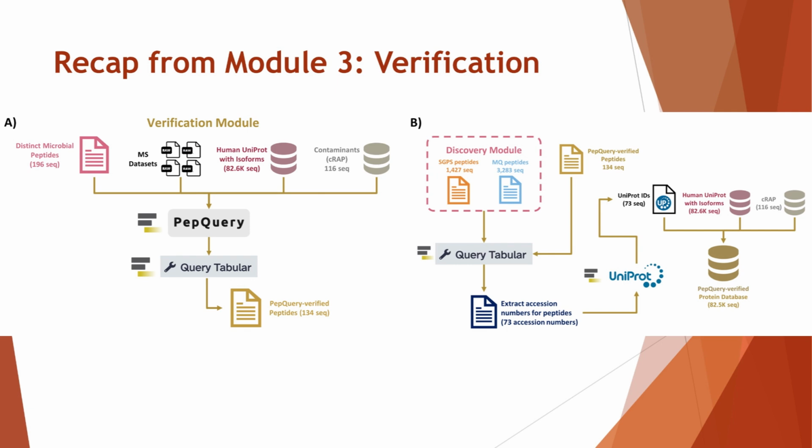Here is the overview of Module 3, verification. First, we took the microbial peptides we obtained in the discovery module and verified that they were indeed of microbial origin using PepQuery 2.